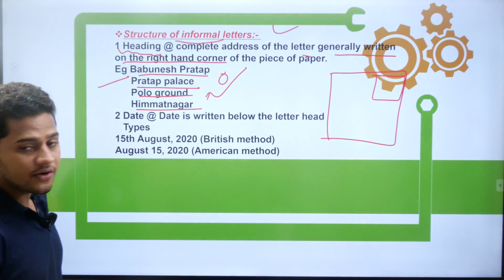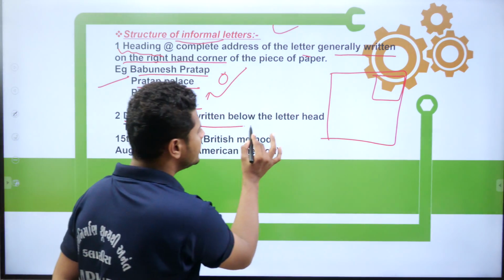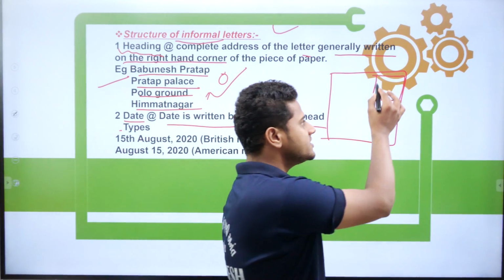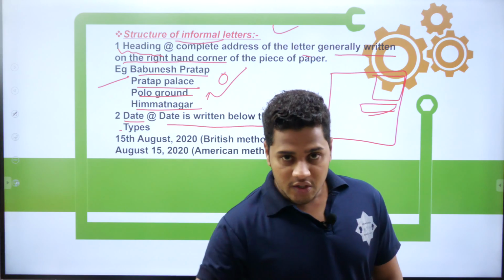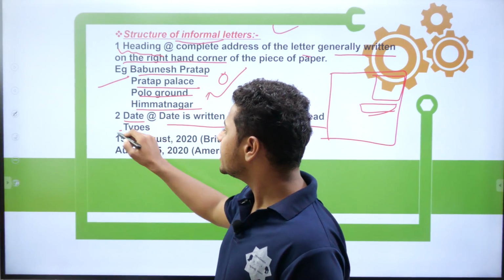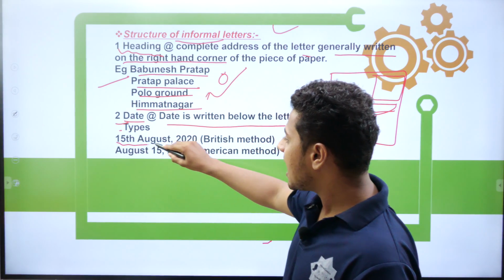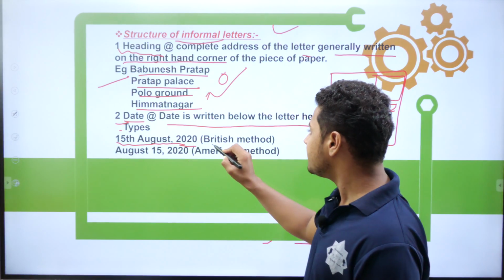Later on I have to write the date. The date is written below the letter head. Below the head I have to write the date. After that, you can see that the date has two types. For example, in this format I have written 15th August 2020, it is the British method.